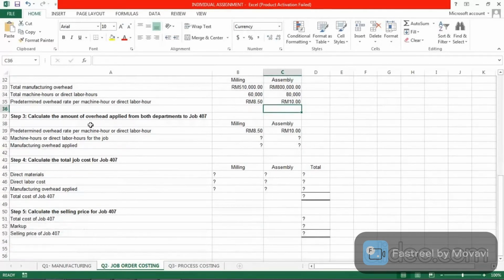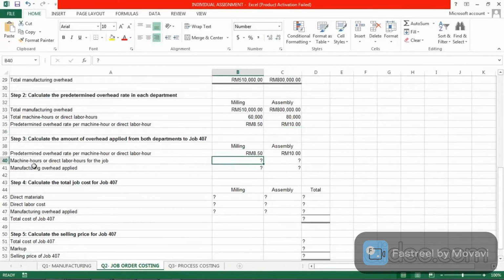Step 3. Calculate the amount of overhead applied from both departments to job 401. To calculate the manufacturing overhead applied, we need to use the actual amount of activity base.